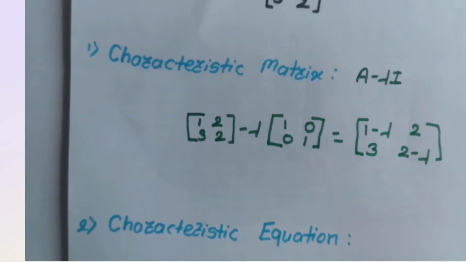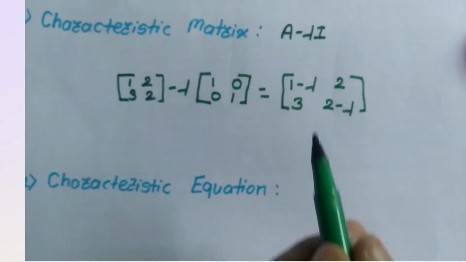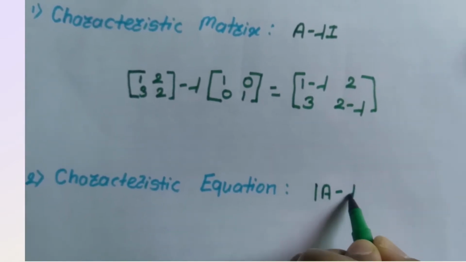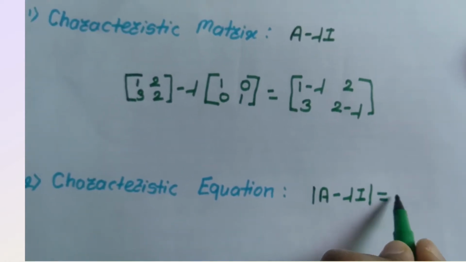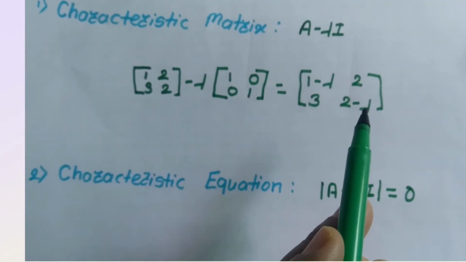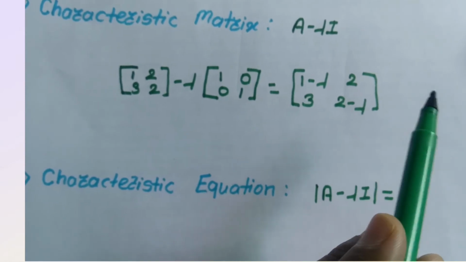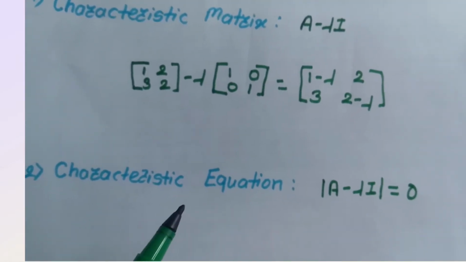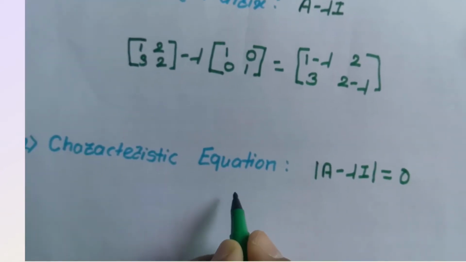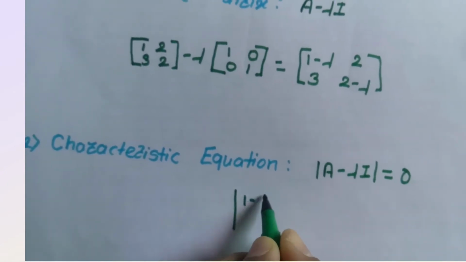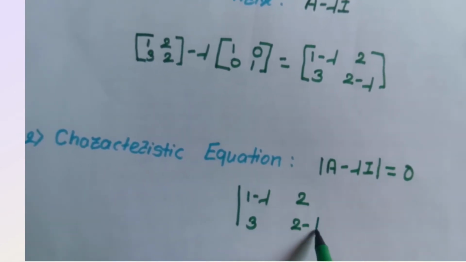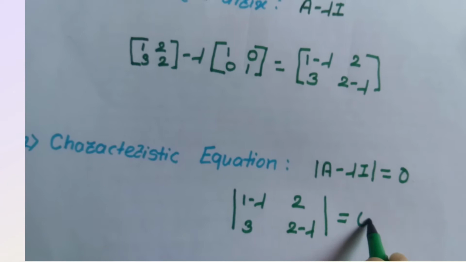Now we see the next definition, the characteristic equation. The definition of the characteristic equation is: the determinant of A minus lambda I equals 0 is called the characteristic equation. If we solve the determinant of this matrix, we get an equation in lambda. That equation we take equal to 0, and that complete equation is called the characteristic equation. Here the determinant of 1 minus lambda, 2, 3, 2 minus lambda equals 0.